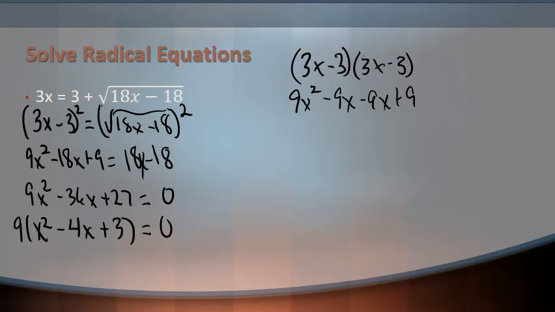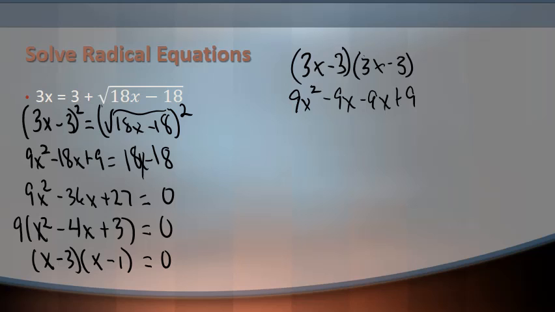Now I can factor x squared minus 4x plus 3, and that is going to be x minus 3 times x minus 1 equals 0.